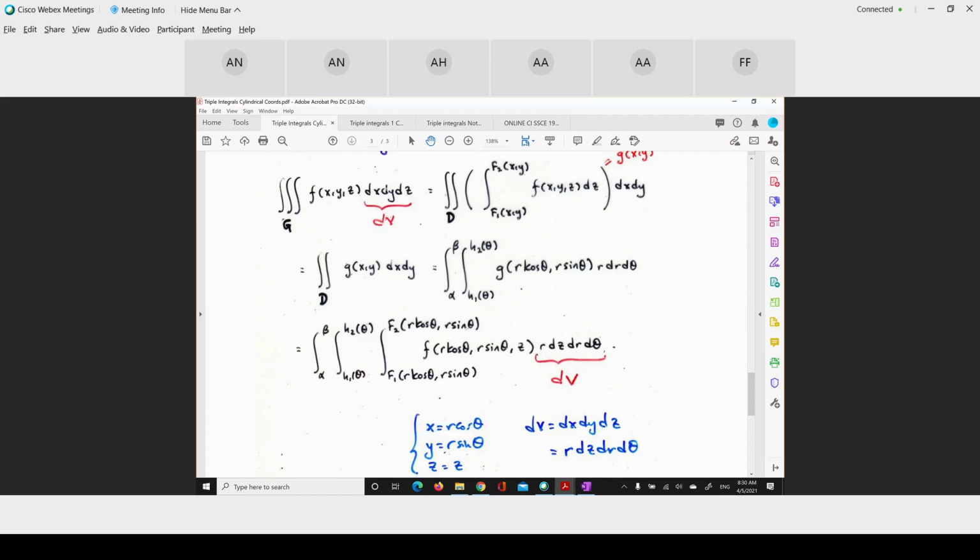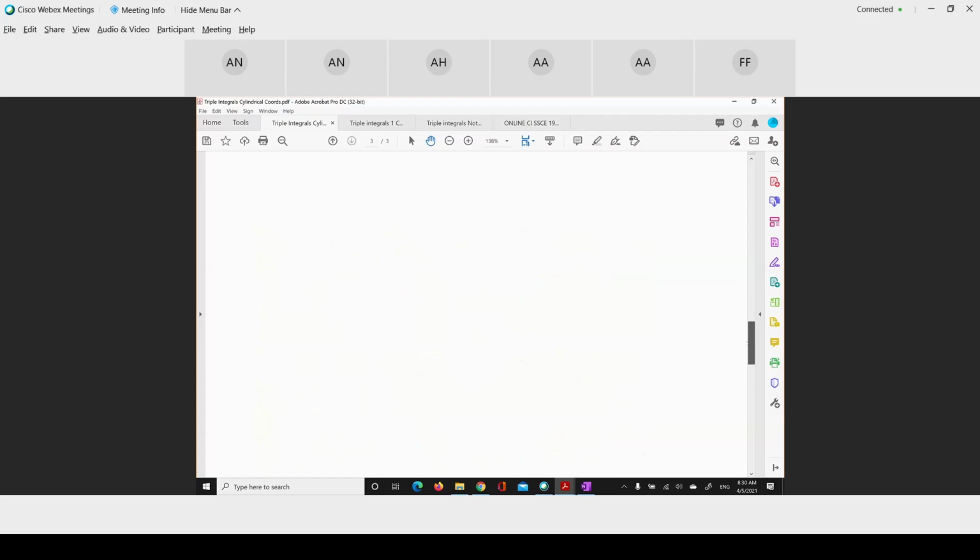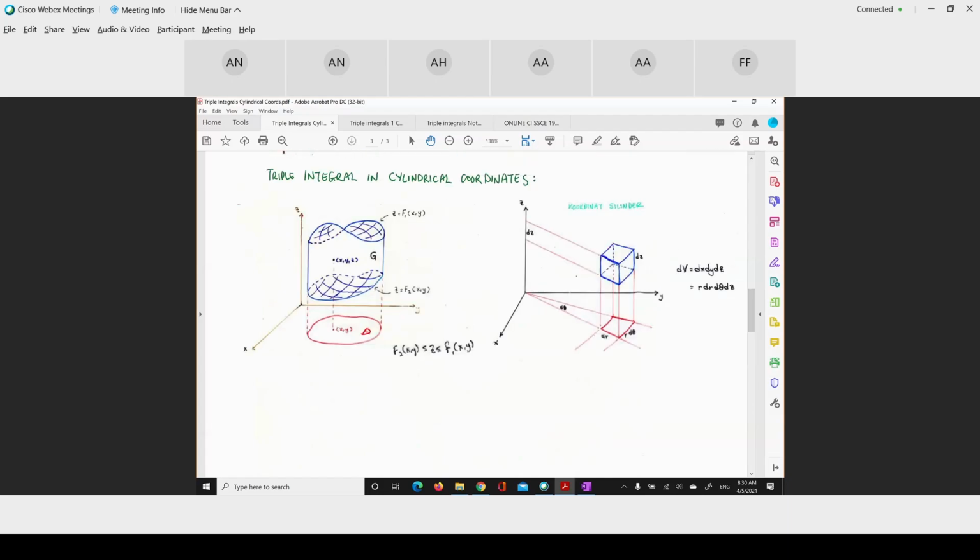That is the relationship of x and y with r and θ. In this diagram on the left, it shows why the volume element is r dz dr dθ for the cylindrical coordinates here.